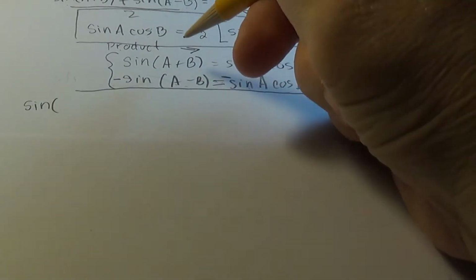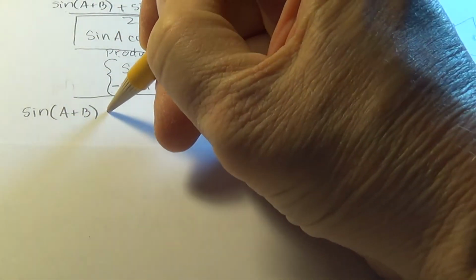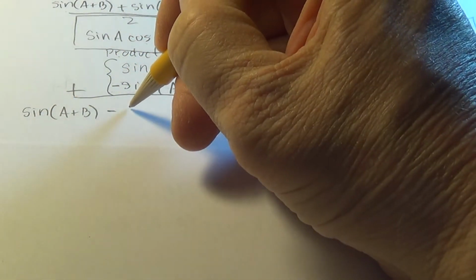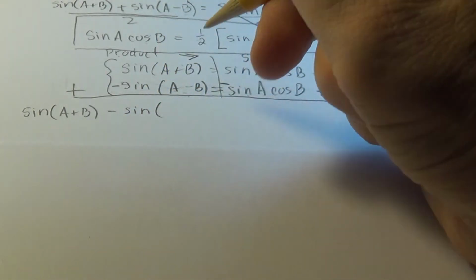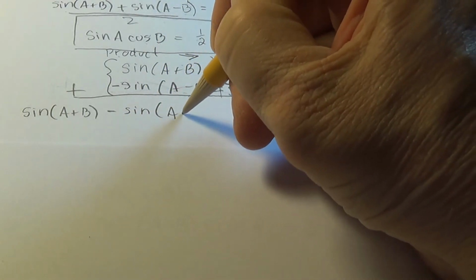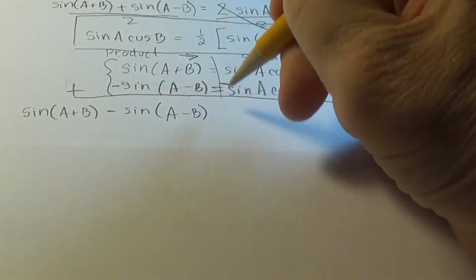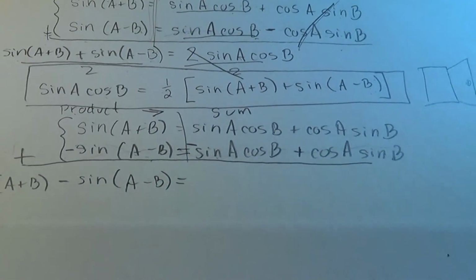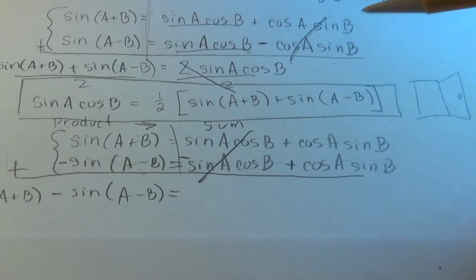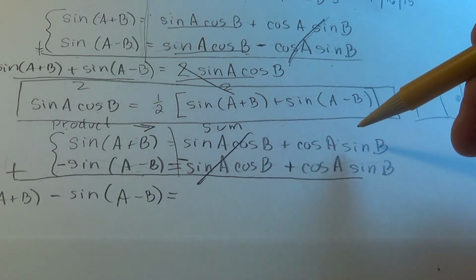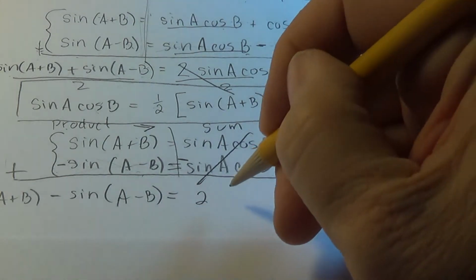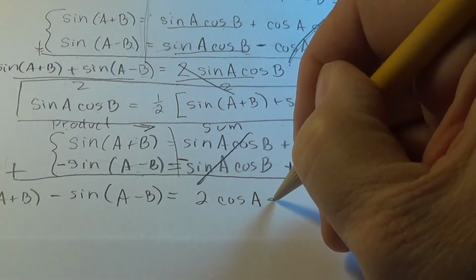I'm going to add this side, and I get sine of A plus B minus, I'm adding, but I have a positive and a negative, and it becomes sine A plus B minus sine of A minus B. And these cannot be simplified. Over on this side, you can see these cross out this time. And what's cosine A sine B plus cosine A sine B? It's 2 cosine A sine B.